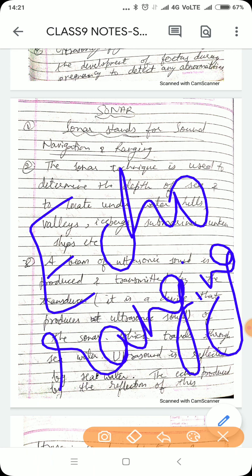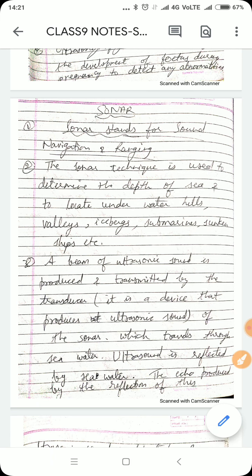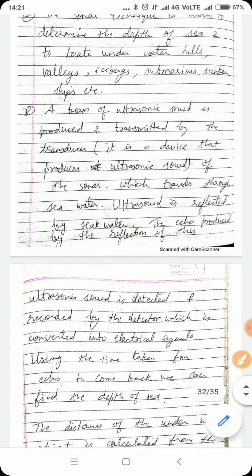What is ultrasound? Sound having frequencies above 20,000 Hz, which is not in our audible range. What is our audible range? 20 Hz to 20,000 Hz.